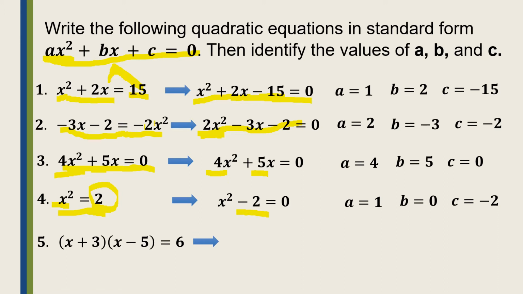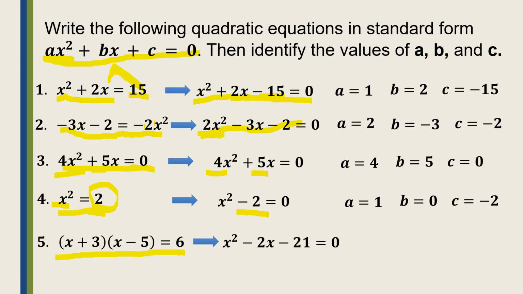Next, we have now x plus 3 times x minus 5 equals 6. Hindi pa nakasulat sa standard form. Ita-transform natin or i-express natin, i-write natin into quadratic equation standard form.